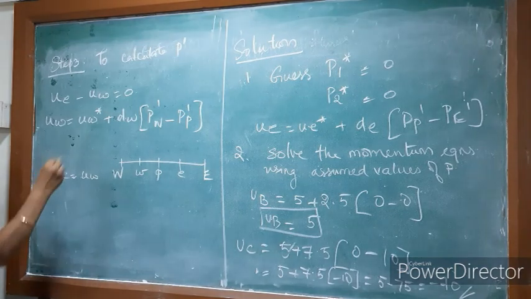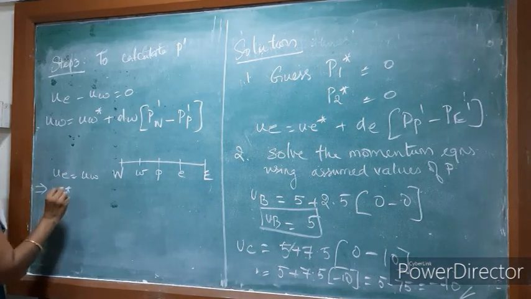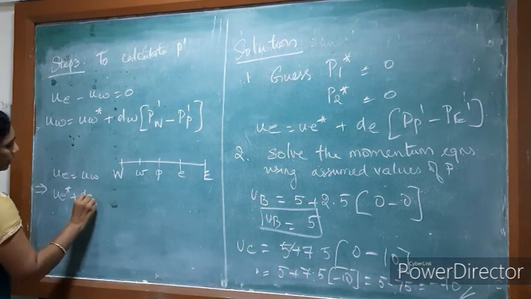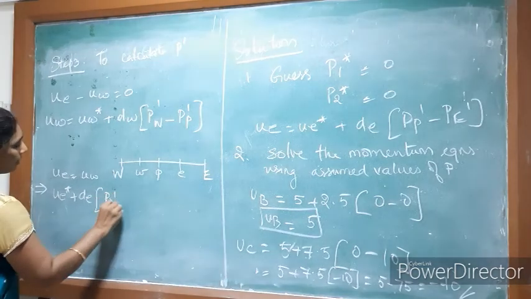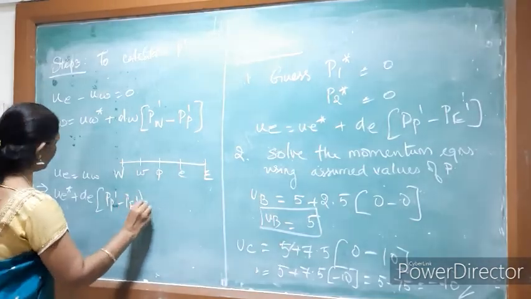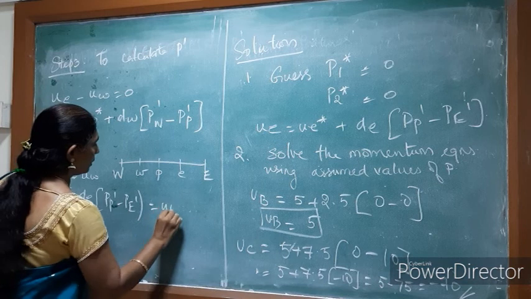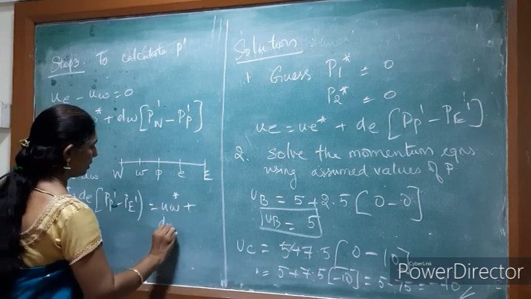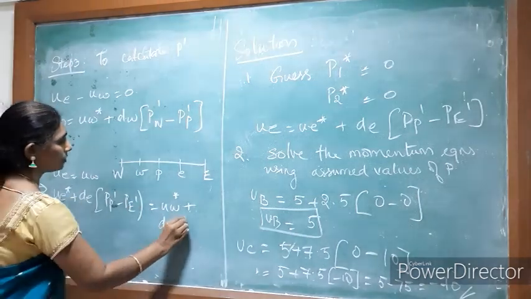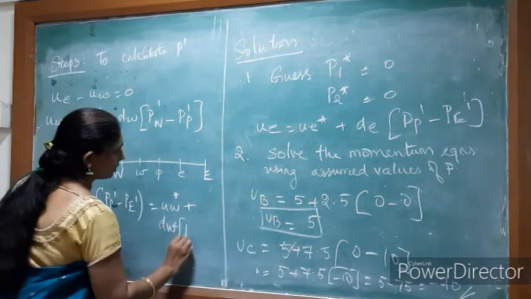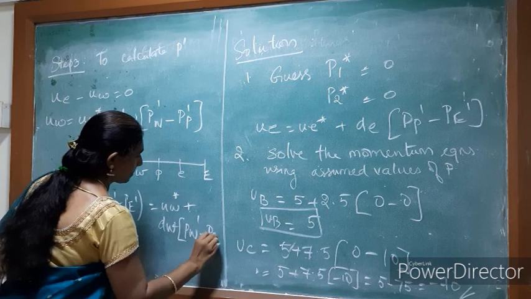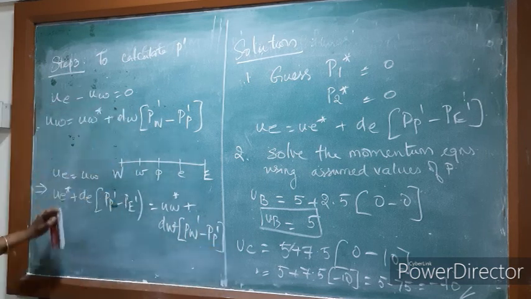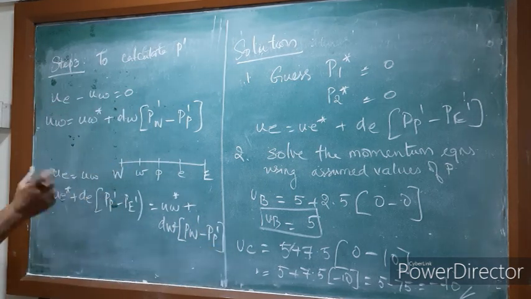Now again, UE will be UE star plus DE into PP star minus PE star, that is equals UW star plus DW, right? I just wrote these equations.